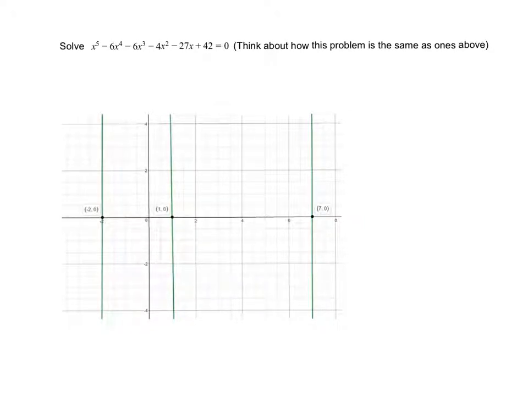So we want to first list the possible factors of p. My constant in this case is 42.